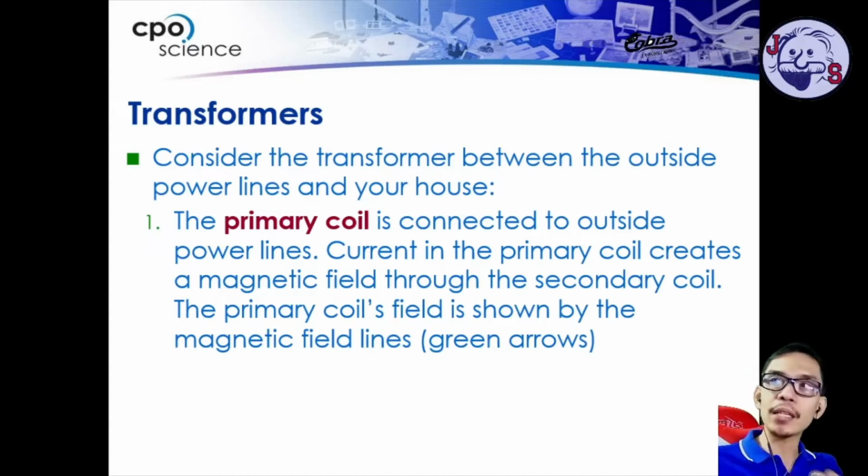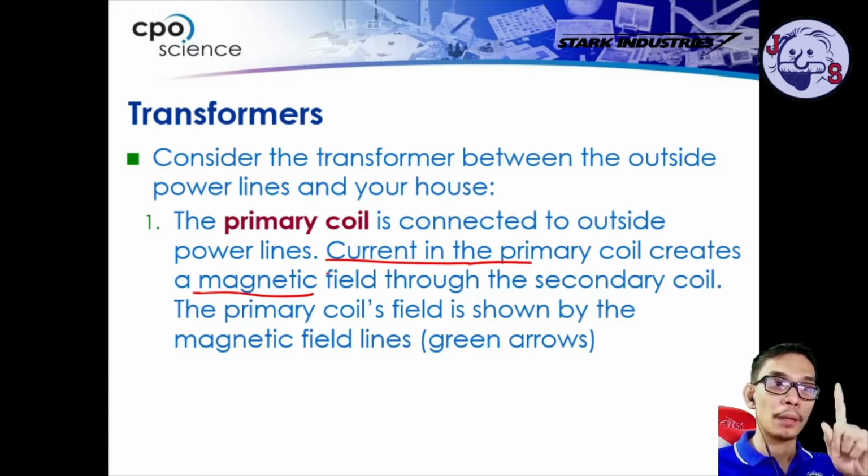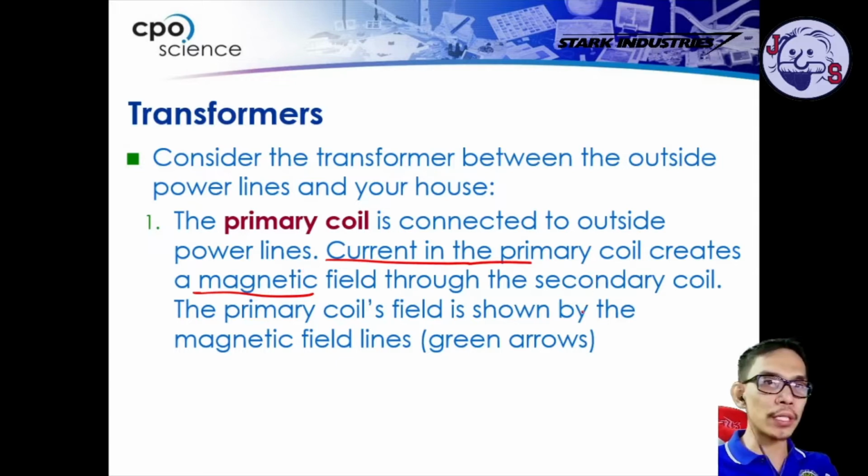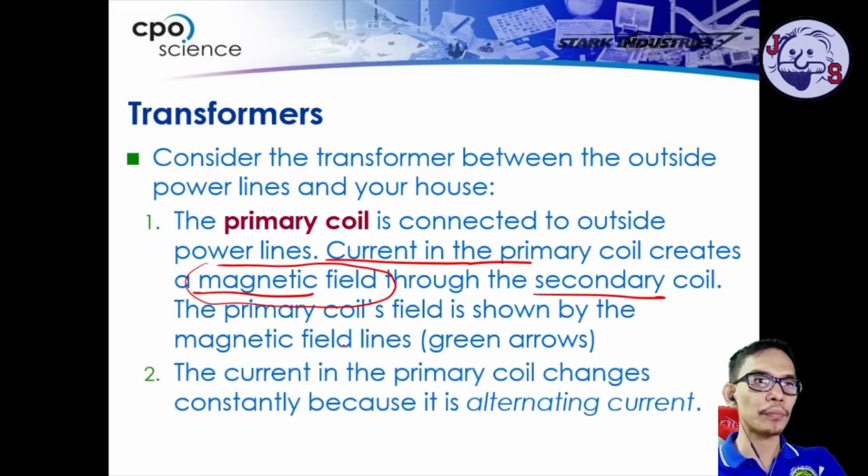As the current inside your primary coil flows, it produces its magnetic field. But the secondary coil is the one that uses electromagnetic induction. It will capture this changing magnetic field on the primary coil, then create the current for the secondary coil.